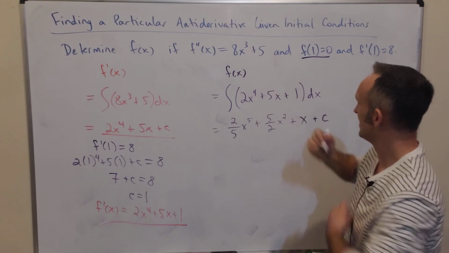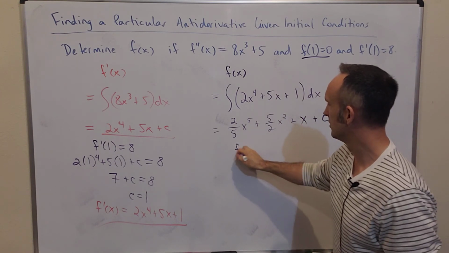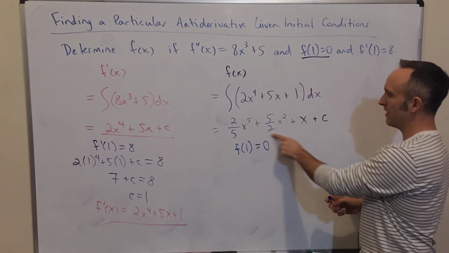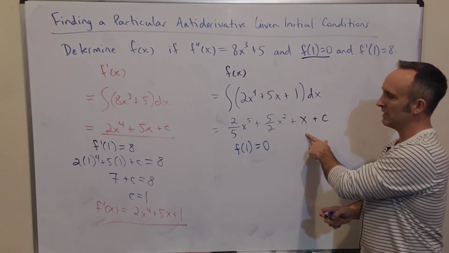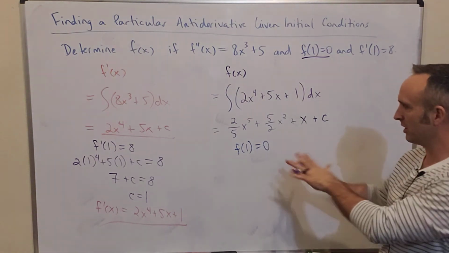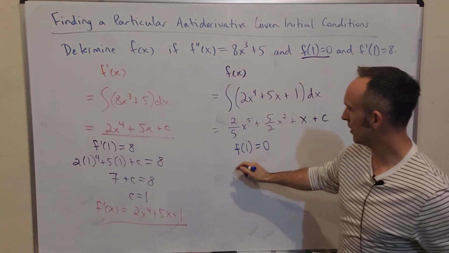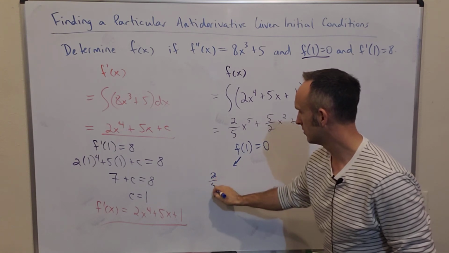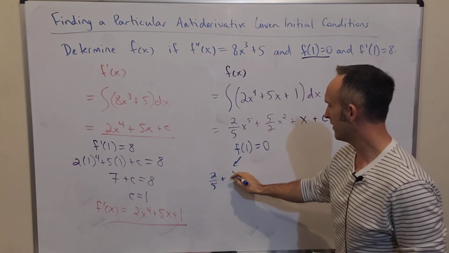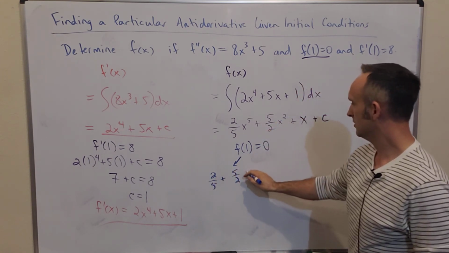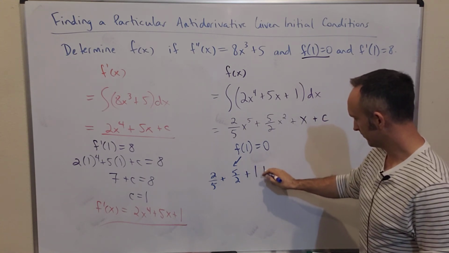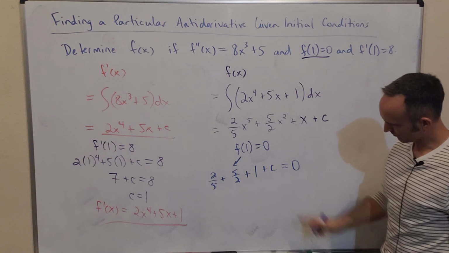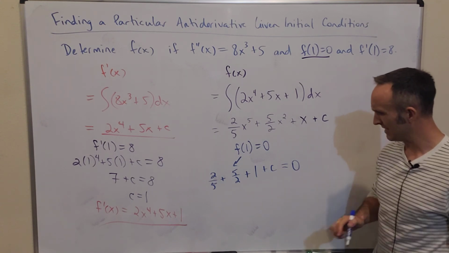So I know that f of 1 equals 0, and this is my f formula here. Now, you can write it all out if you want, but plugging 1 in is simple. So I just get 2/5 times 1 plus 5/2 times 1 plus 1 plus c all has to equal 0. Now I'm going to solve for c.